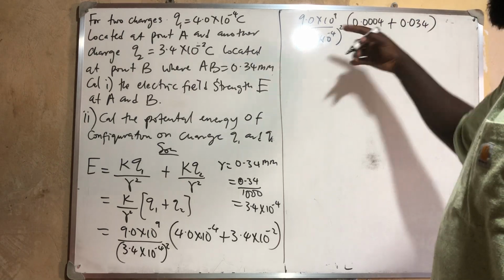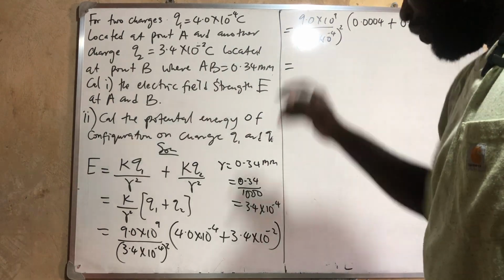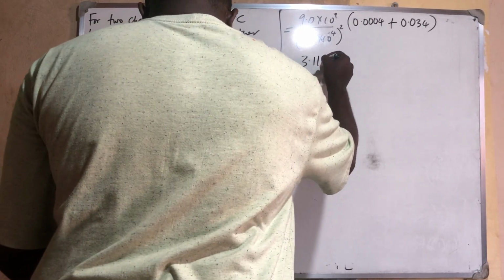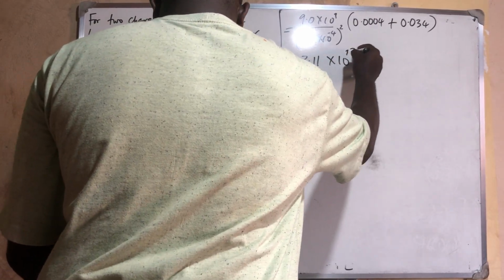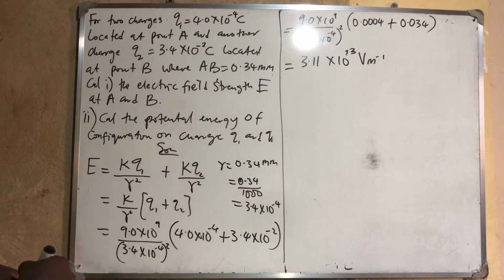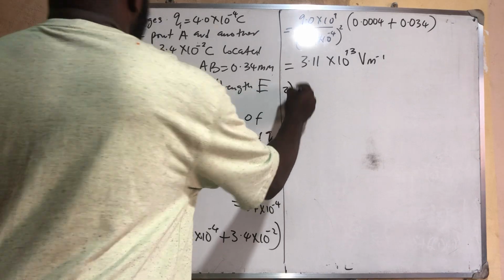So if you add both of them and do everything, you're going to have 3.11 times 10 raised to power 13 volt per meter or Newton per coulomb, anyone you like.